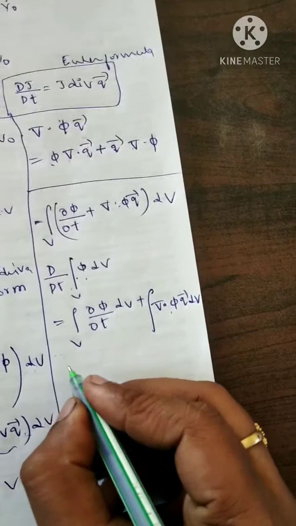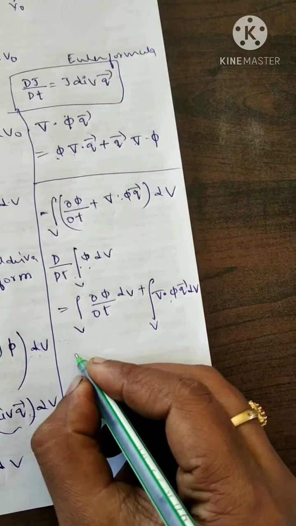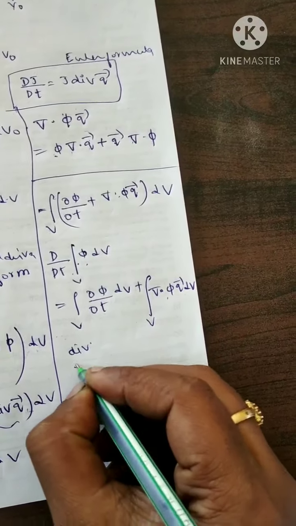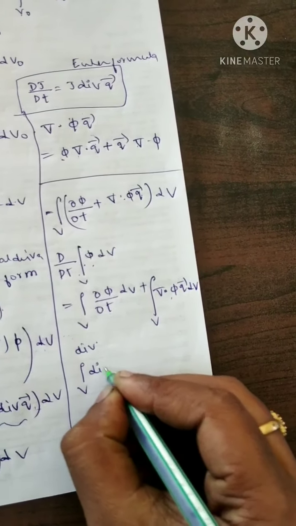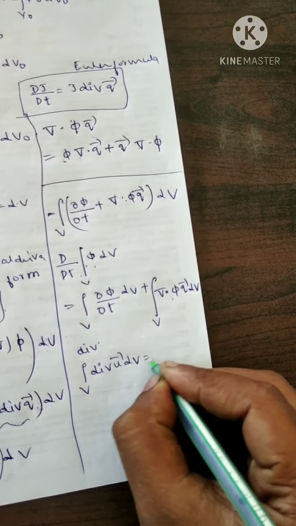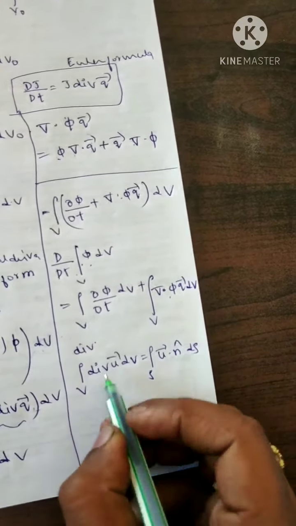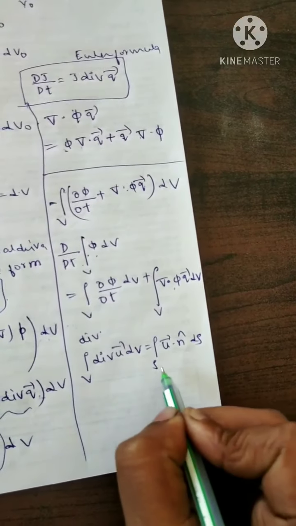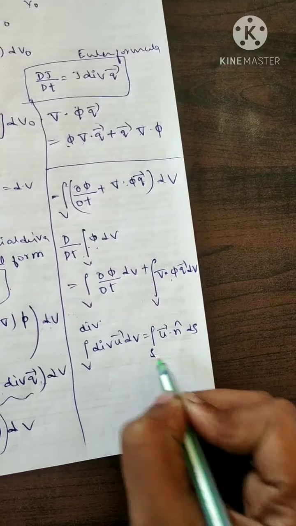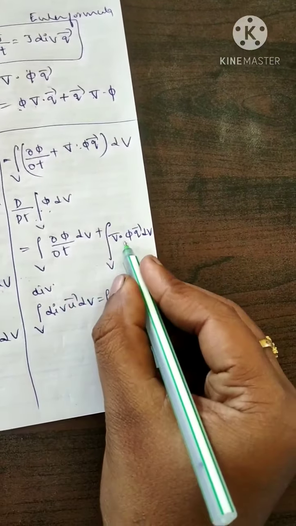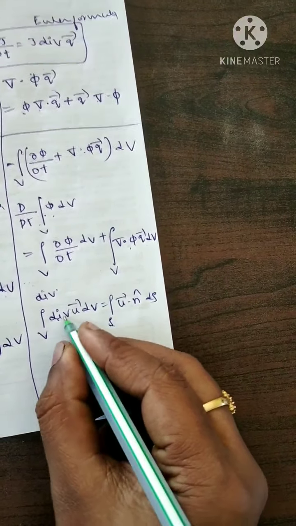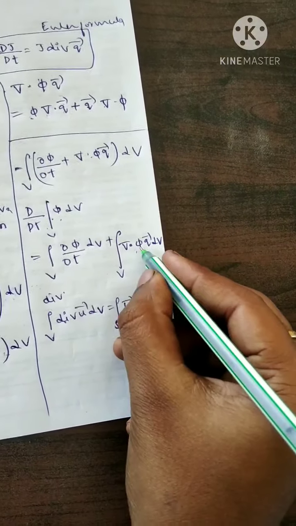Hope you understand. Now from the divergence theorem, which we use to convert a volume integral of divergence of u dv is equal to the surface integral of u dot n cap into ds. This is the divergence theorem, used to convert a volume integral into a surface integral. Now you have divergence of pi q here, so in place of u you have pi q.